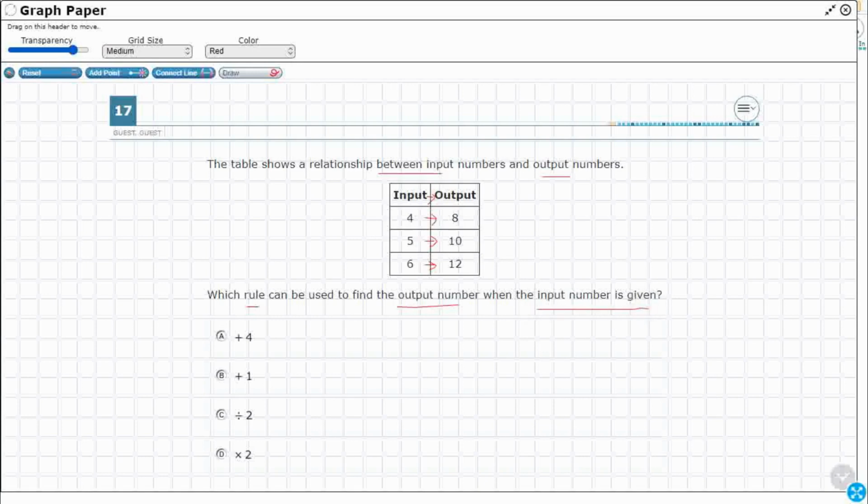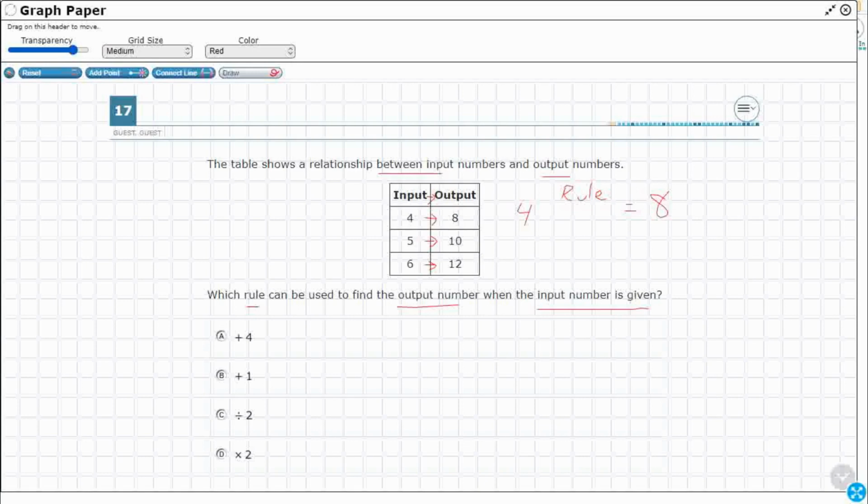Okay, so when we have an input number of 4, something needs to happen. Here's the rule. And then it's going to help us find the output number. So equals, and the output number is 8.